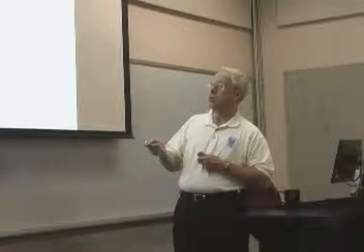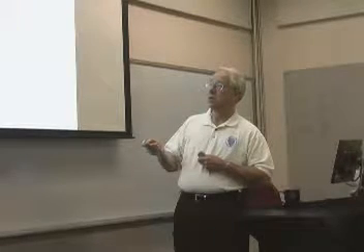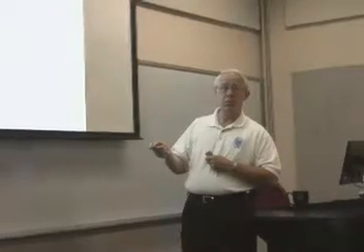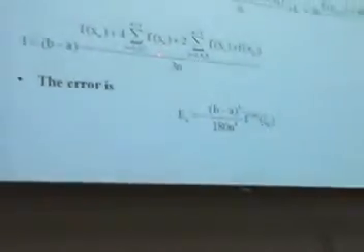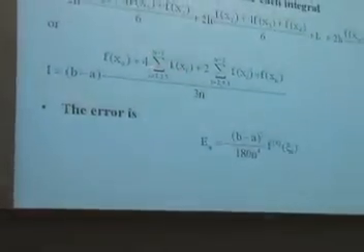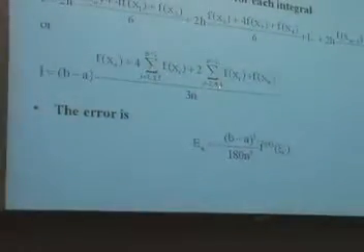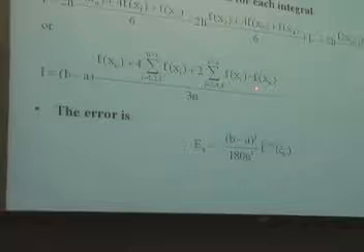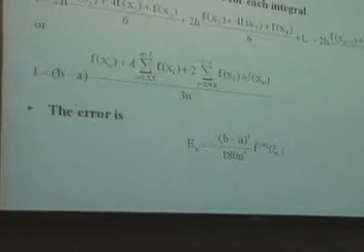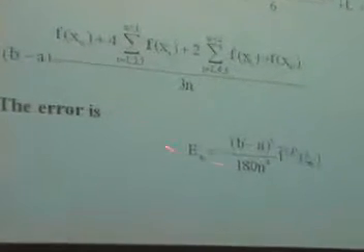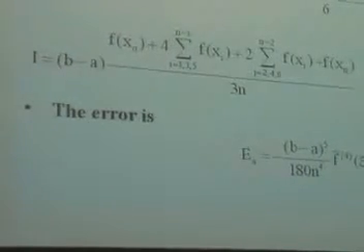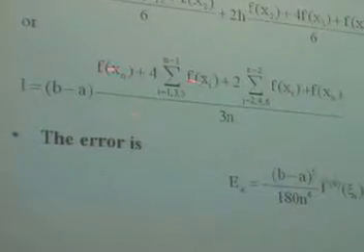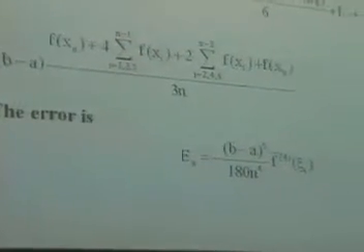Notice 1, 3, 5, 7, 9. What's this? The odds. 2, 4, 6. What's this? The evens. And then the endpoints. The error that you get, obviously, as we said, is 3. So that's the composite part.